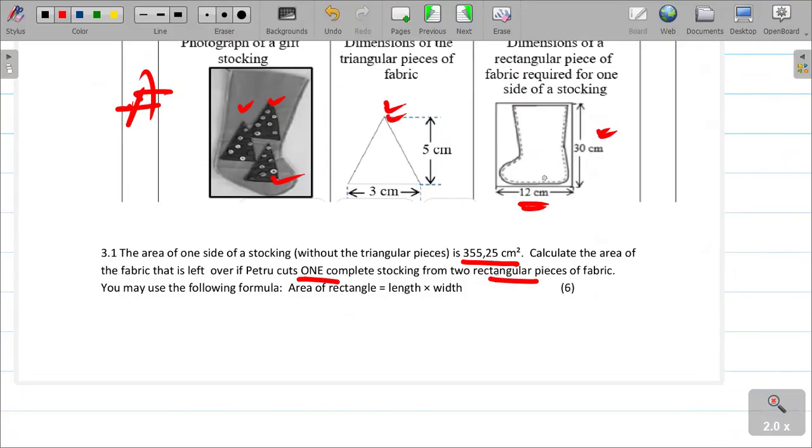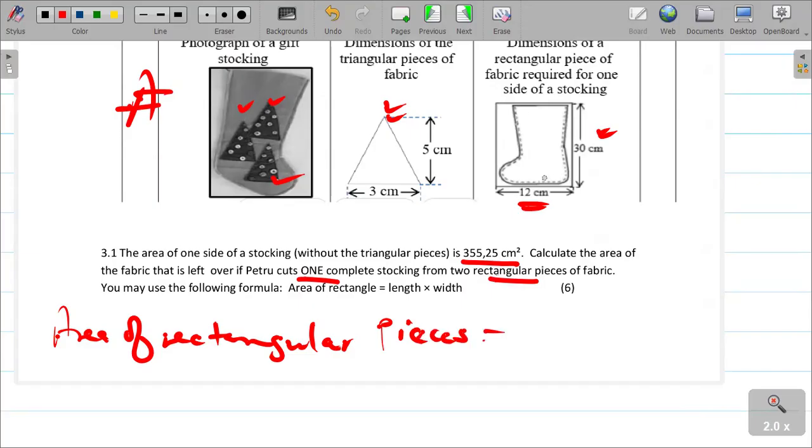So our area of the rectangular pieces is equal to length times width.